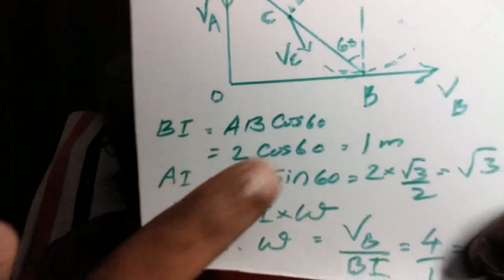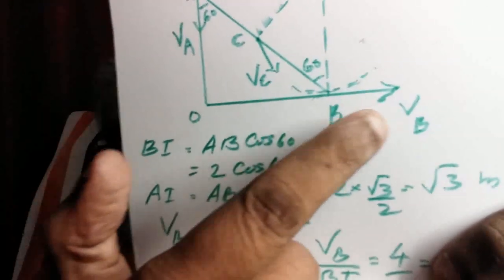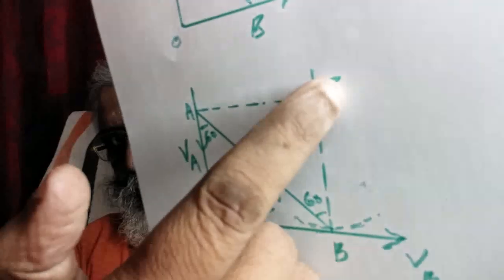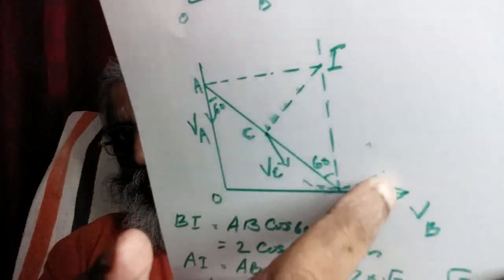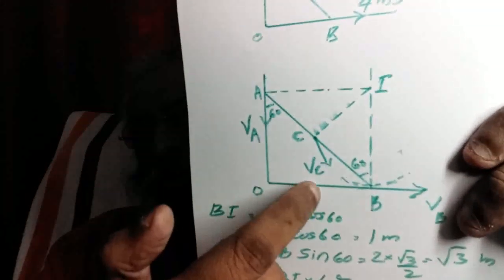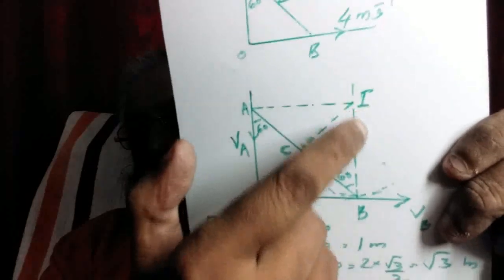Now we are given the value of VB. B is in circular motion about this point as its center. So V equals R omega. The basic formula is for pure rotation. V equals linear velocity, V equals R omega. Here R is BI and V is VB.